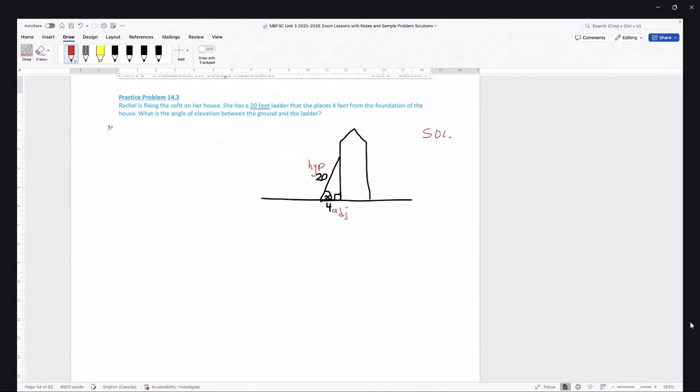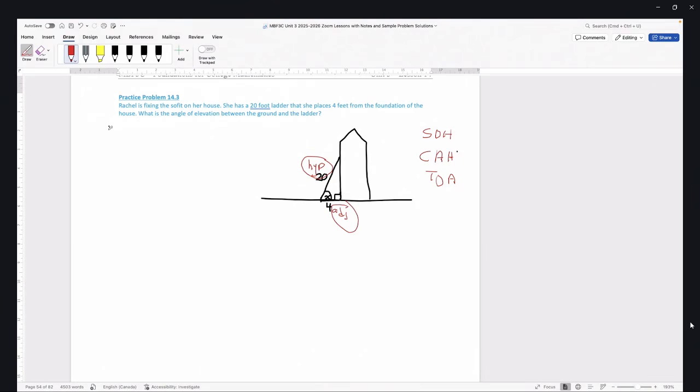So sine is opposite over hypotenuse. Cosine is adjacent over hypotenuse. Toa, tan, is opposite over adjacent. So we're dealing with the hypotenuse and the adjacent.